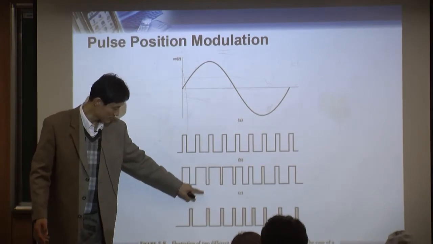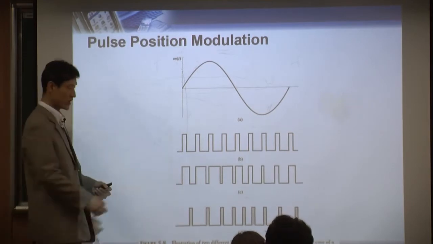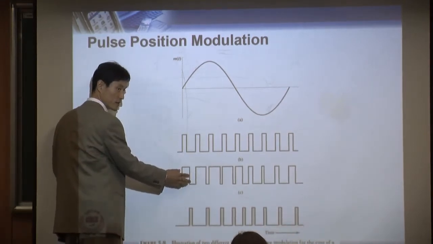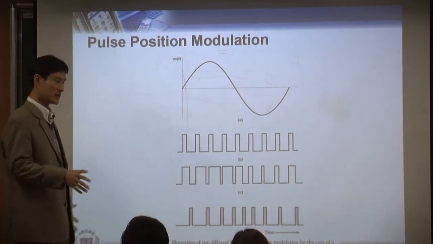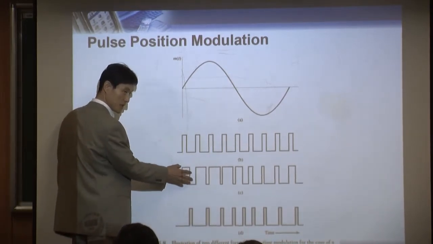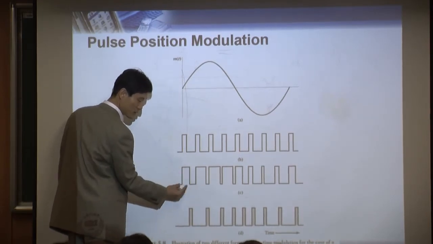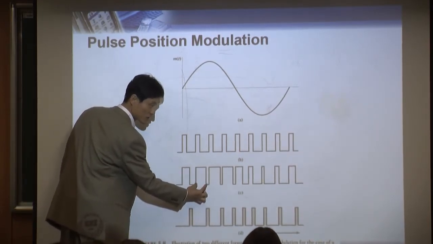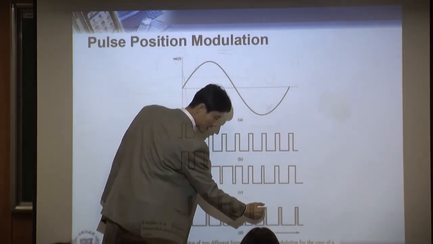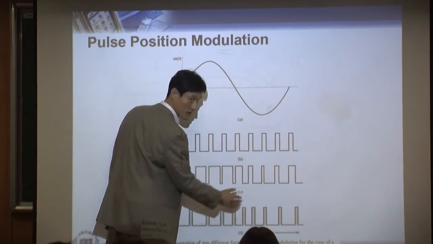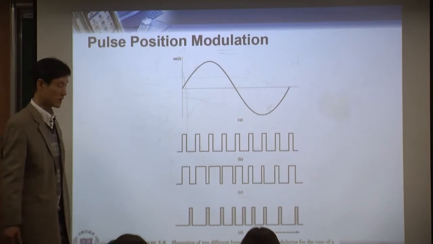This falling edge, this rising edge at the same time. So every time when you have a falling edge in PWM, you're going to have a rising edge of PPM. When you do that, now in PWM, the falling edge have a different delay. This one is a large delay, right? Even large. This one is a very small delay. So because of that, your pulses are positioned in different way. Pulses are located in different position. So that's a PPM.